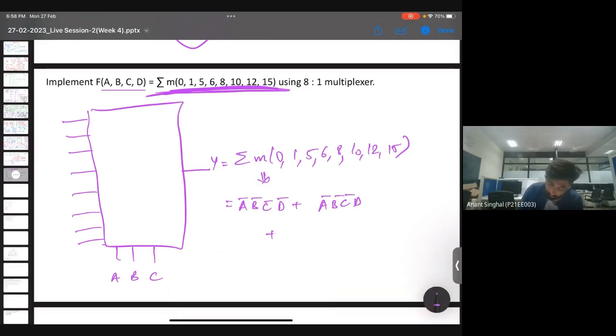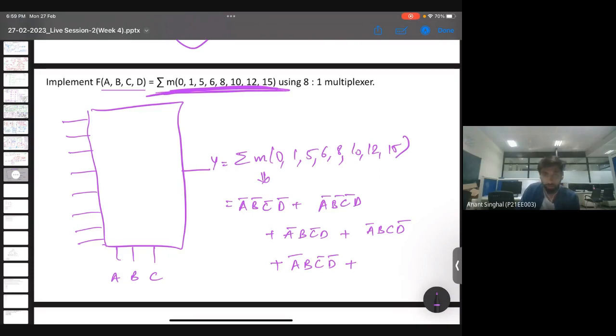So 5 will be 1, 0, 1. Then 6 will be 1, 1, 0. Then 8 will be 1, 0, 0.